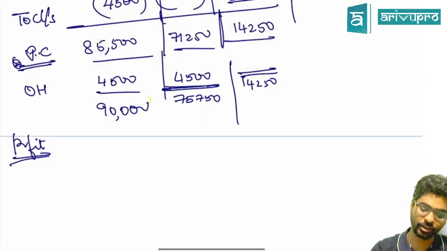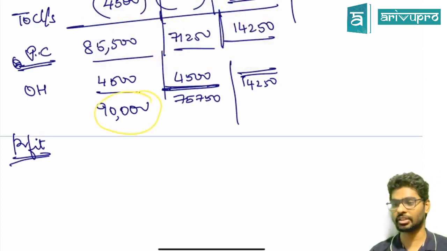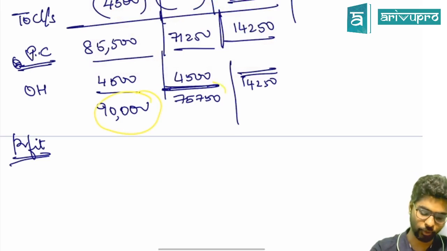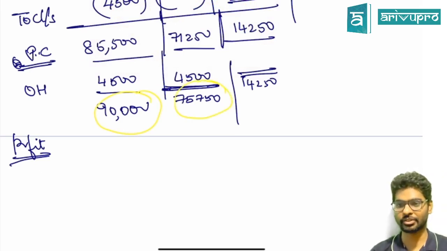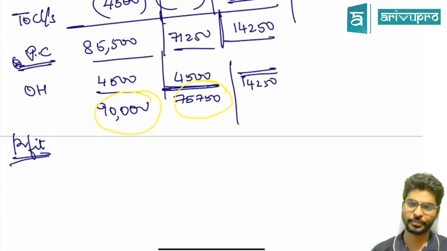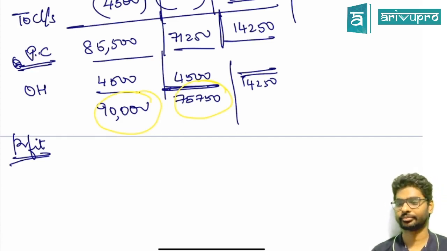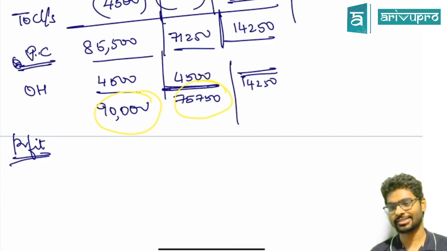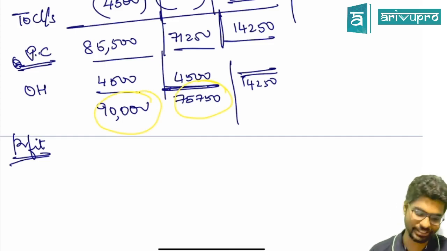Are you going to be calculating 20% of 90,000, 20% of 75,000? Okay. You know the best part is both are wrong. All are wrong for a reason.